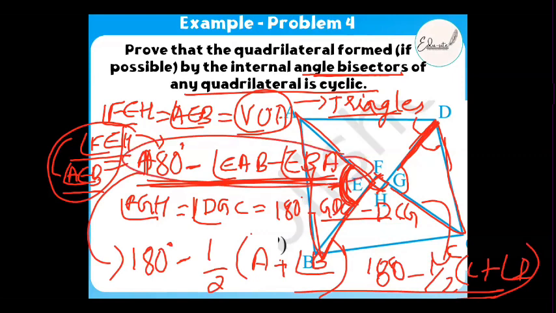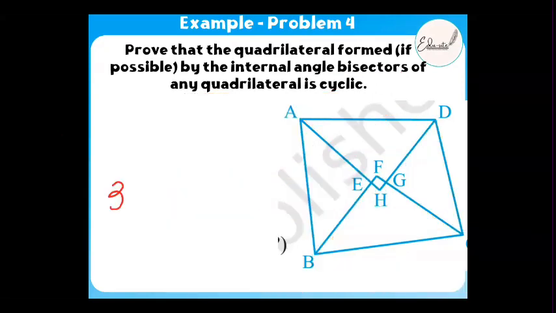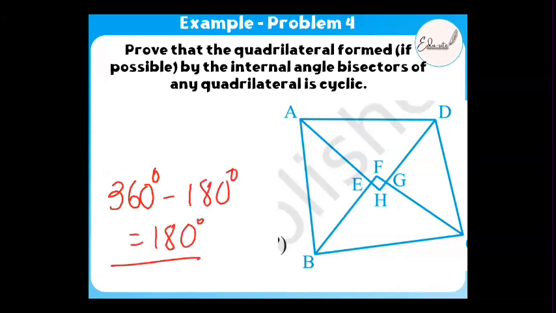Whenever you add this up, you will get the answer as 360 degree minus 180 degree, which is equal to 180 degree.